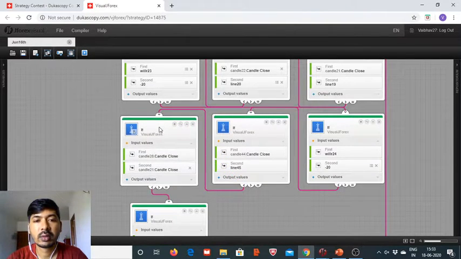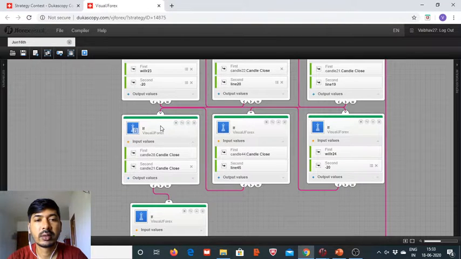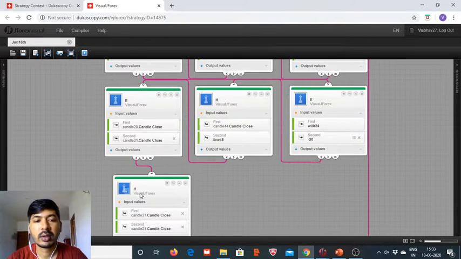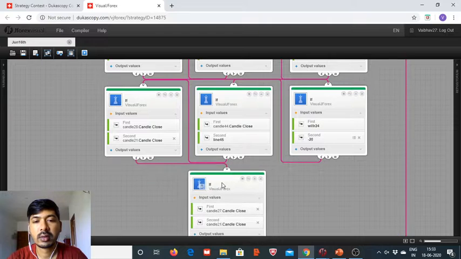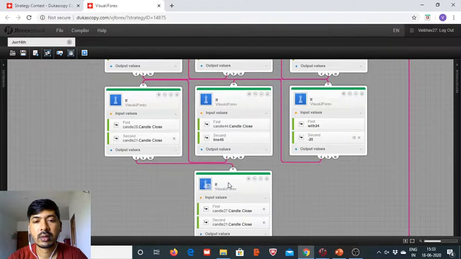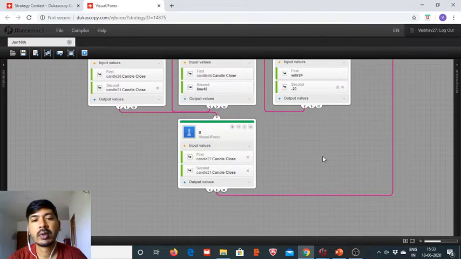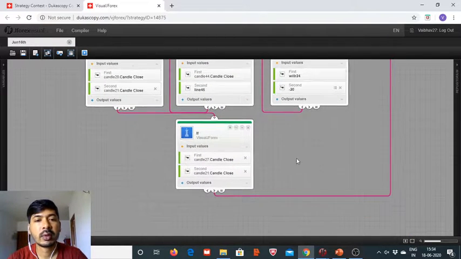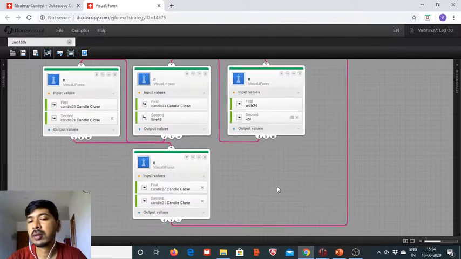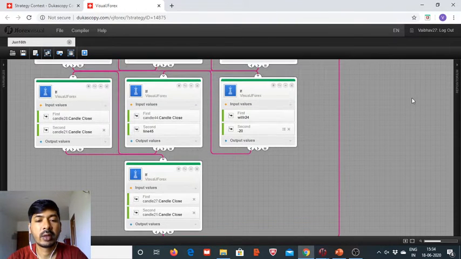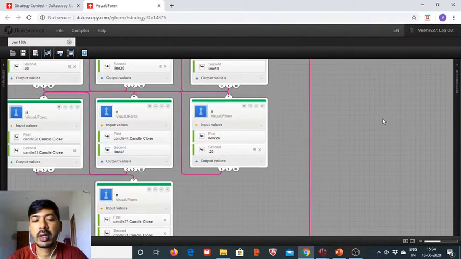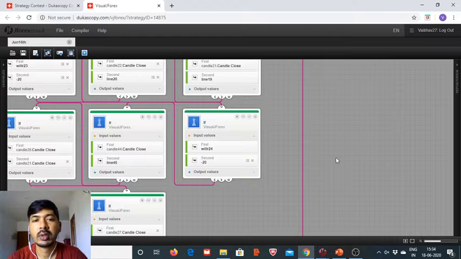Okay, so here we have defined this, and here is our last comparison of candle 27th close and the candle 21st close.